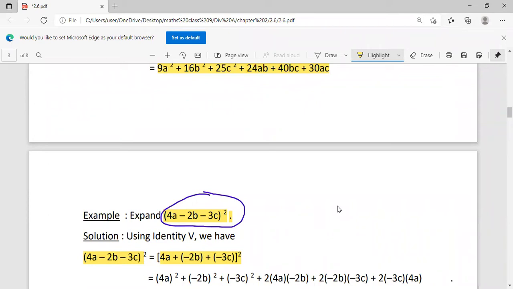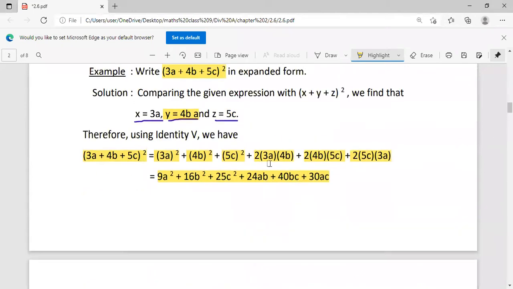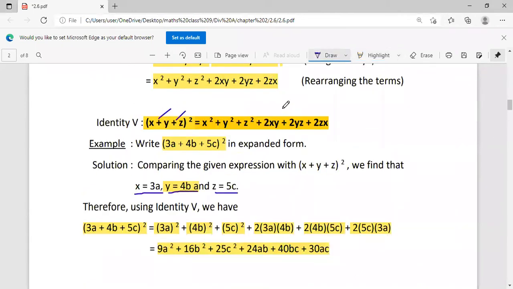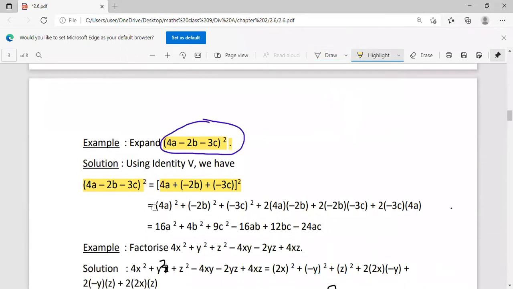And what is z? Minus 3c. Yes, that's all. Now you just have to substitute this 4a, minus 2b and minus 3c in this identity, then find the square and multiply it. That's all. I think you don't need further explanation.